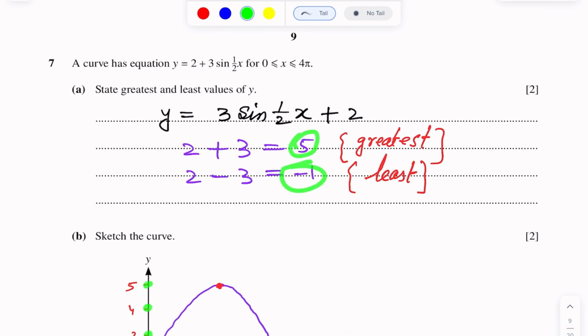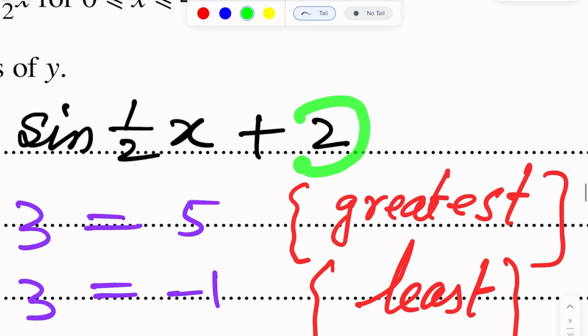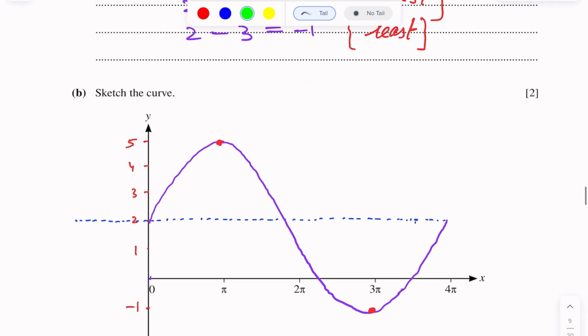The minimum value is -1. This constant value shows the baseline, so we draw a line that passes through 2.